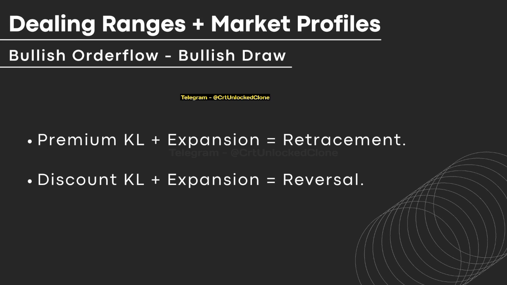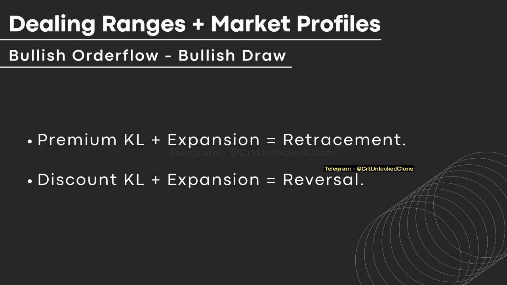Hear it again: price on the higher time frame retraces back to a premium key level with a lower time frame expansion. In such a scenario, the possible outcome for price would be a retracement profile on the lower time frame, not on the higher time frame, but a retracement profile on the lower time frame. That's what you will expect in this scenario.